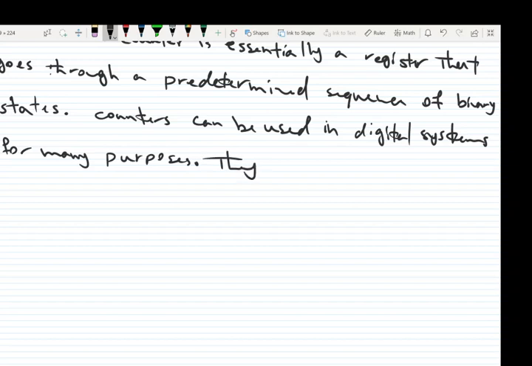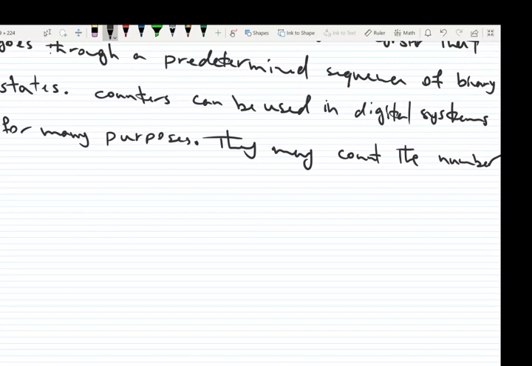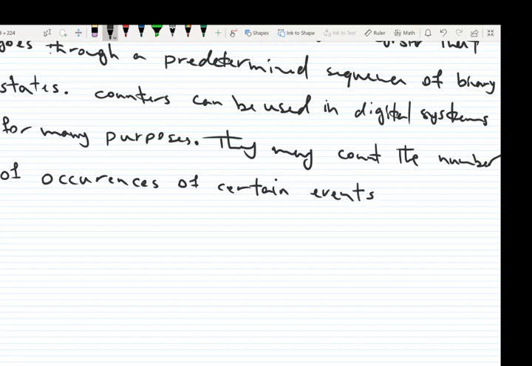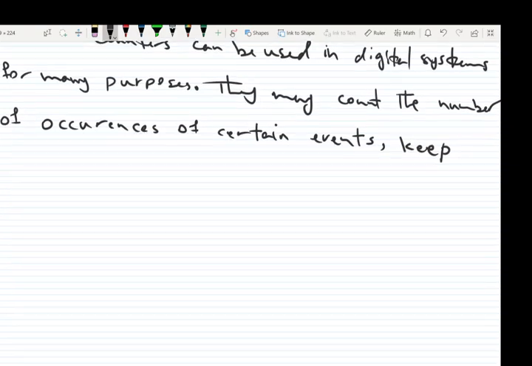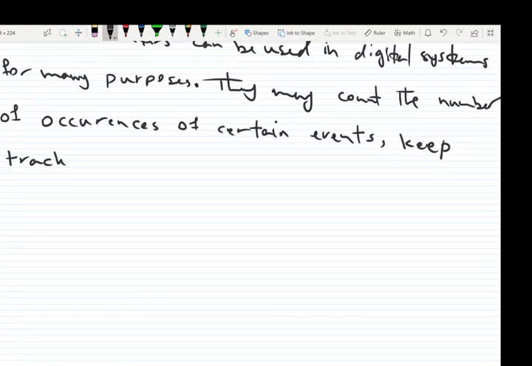They may count the number of occurrences of certain events, or they can keep track of time, which is very important for us.